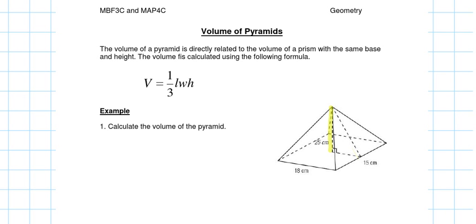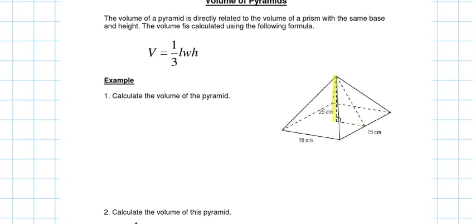So calculate the volume of this pyramid. It's as easy as just plugging everything in the calculator because I know the length, I know the width, and I know my height. So it's going to be volume equals 1/3 length times width times height. So that's 1/3, 18 times 15 times 25. They're all in centimeters, so that makes it easy for me.